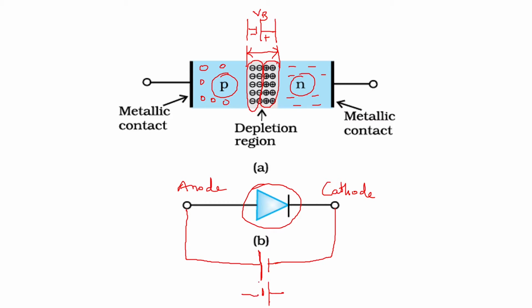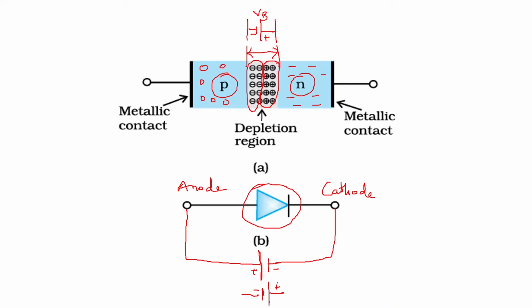Applying appropriate external voltage and making the diode work is called biasing of the diode.